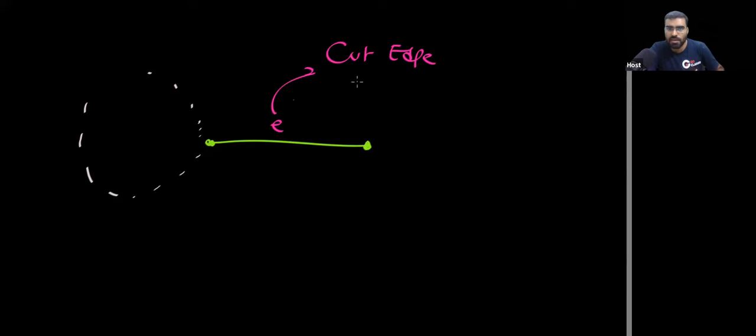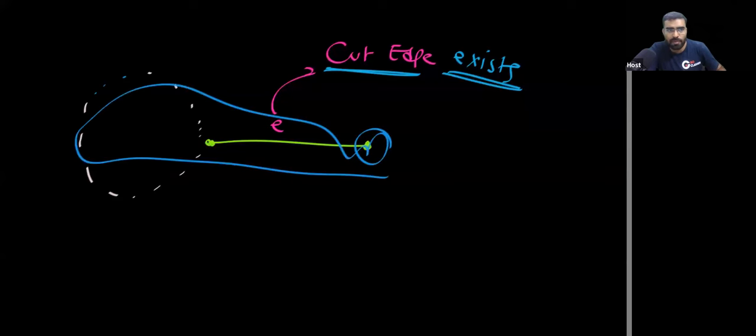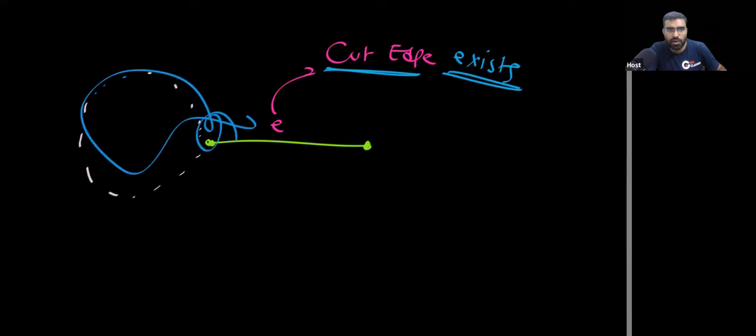If this cut edge exists, you can notice that you cannot visit every vertex exactly once. For example, if you start here, you cannot come back. If you start here, you cannot visit this area.